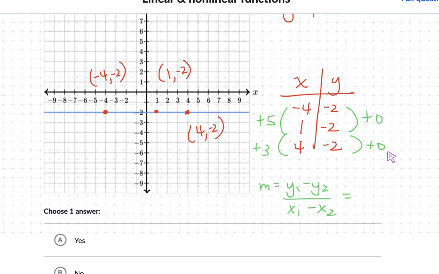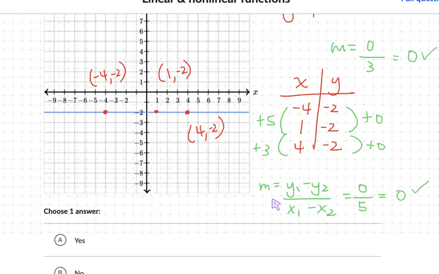So here it looks like it's not a constant rate of change, but remember it's the change of y over the change of x. So I have 0 over 5, that's this number and this number, and that slope is 0 divided by 5, which is 0. The other slope is 0 over 3. 0 divided by 3 is also 0.